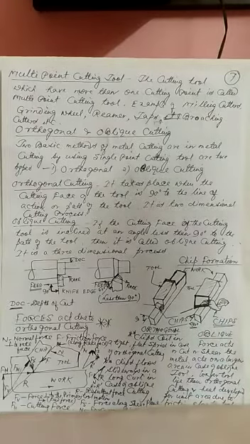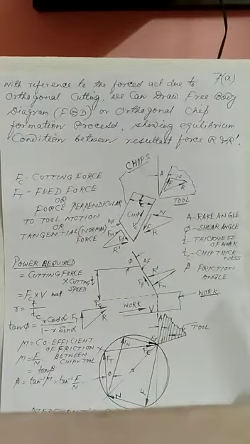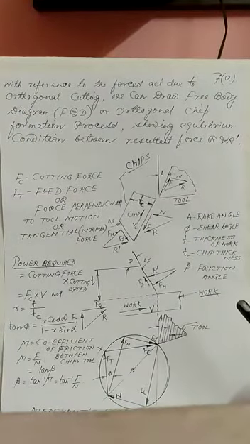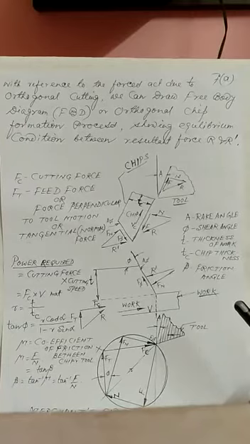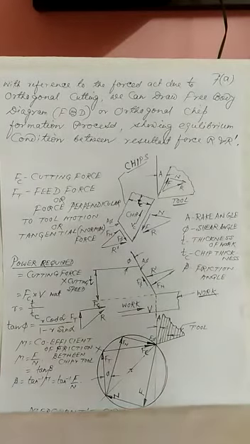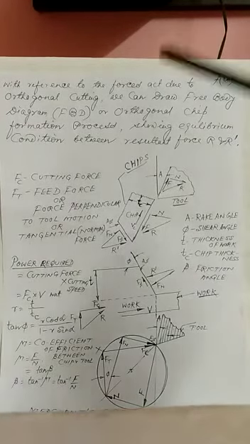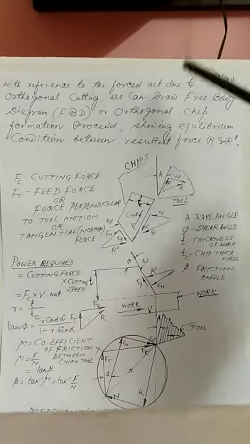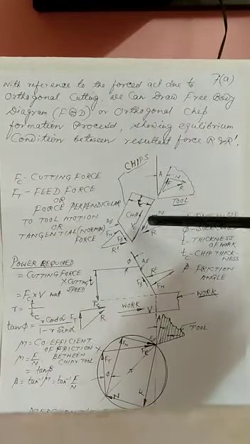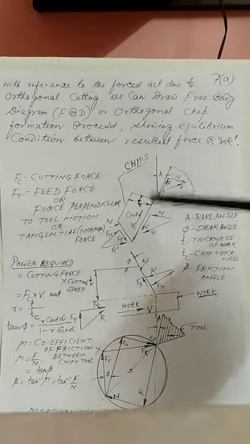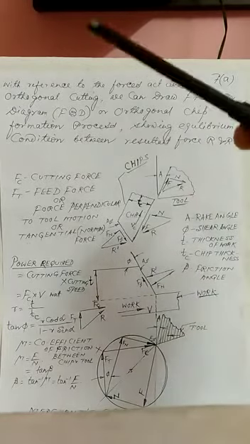Okay, now I am coming to the force analysis, the force diagram, this FBD diagram. From this FBD diagram, we will calculate the cutting force. That is the important thing, and from the cutting force we will calculate the power. So a free body diagram is a diagram considered without the body.